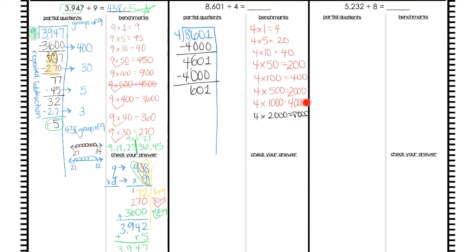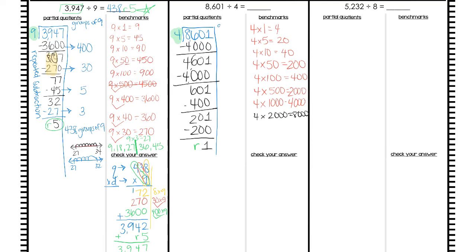Can't take away 8,000. Can't take away 4,000. Nope, not 2,000. But I can take away 400. 201. What's the largest amount I can take away? I can take away 200. This was a pretty easy problem. I have one left over. It is smaller than our divisor of 4, so we know that 1 will be a remainder.